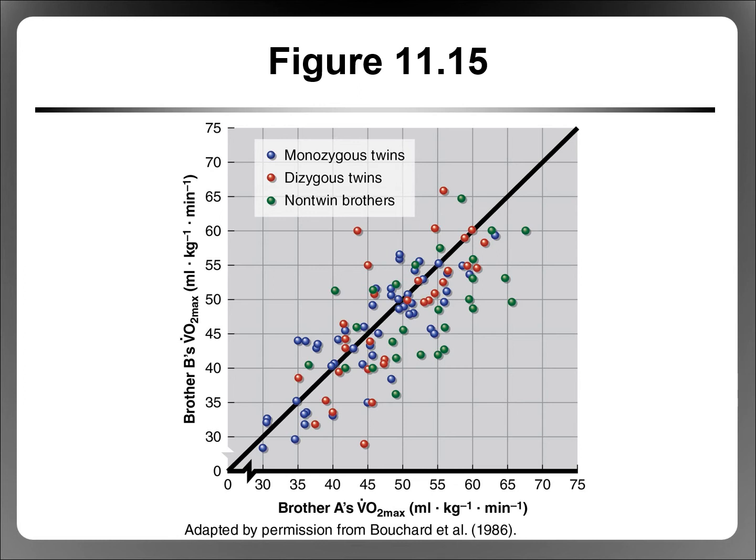So two different zygotes, even though they're born at the same time, and then non-twin brothers. So we could see that there is a correlation between genetics of the family, but things are the most similar the closer they are to the line with the monozygous twins, and then we deviate further between dizygous twins and non-twin brothers.